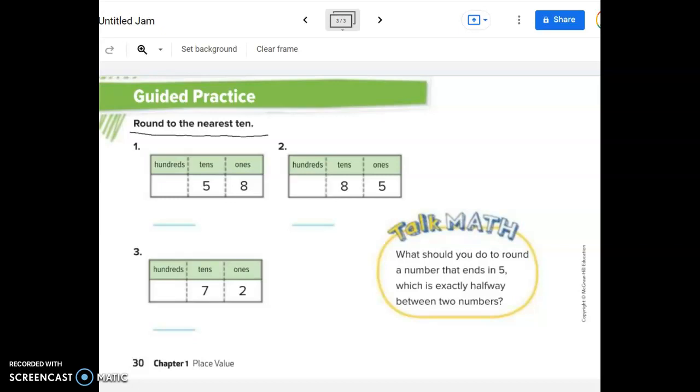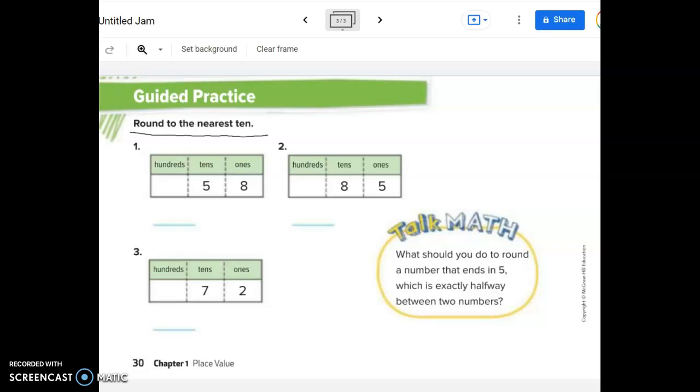Over here, the maths talk says, what should you do to round a number that ends in 5, which is exactly halfway between two numbers? So the number 5, like we know, is midway, right in the half between 0 and 10. And the rule is that if it is 5 and above, we round up to 10. So I want you to remember that rule.